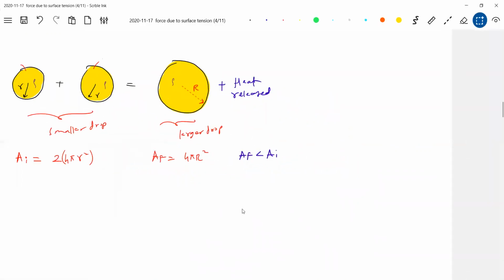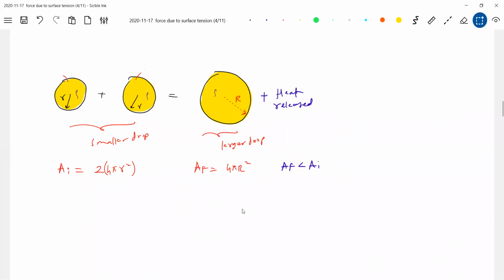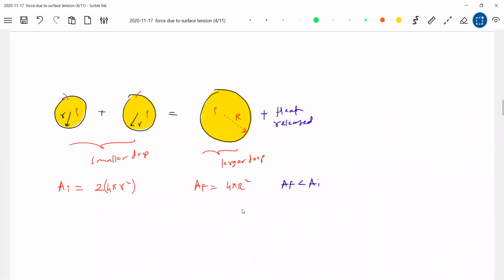There's very important data which will help us a lot in coming numericals. I have just brought through everything, diagrams, everything. Bigger drop breaks up into smaller drop.